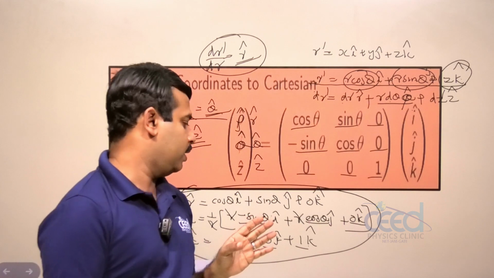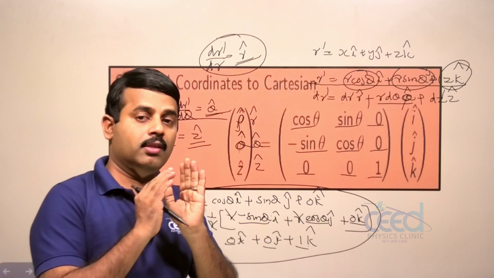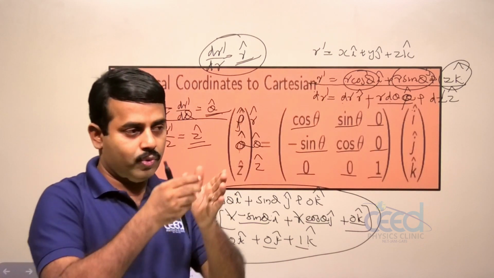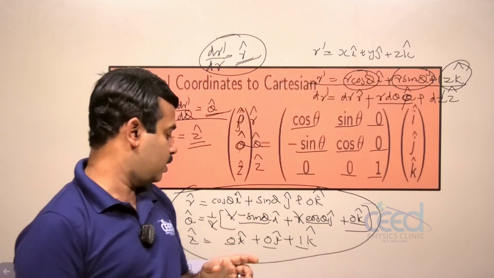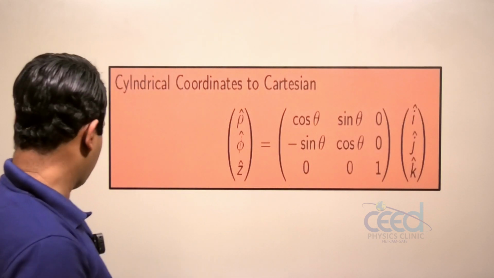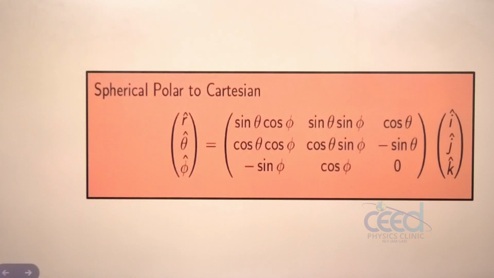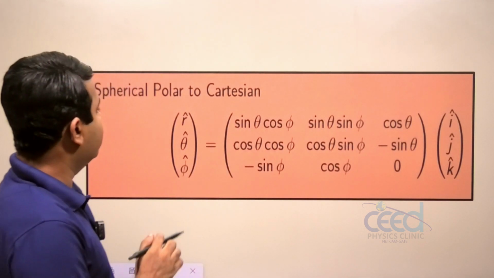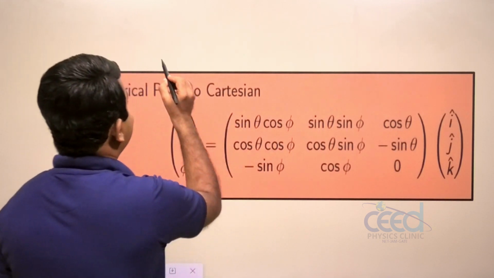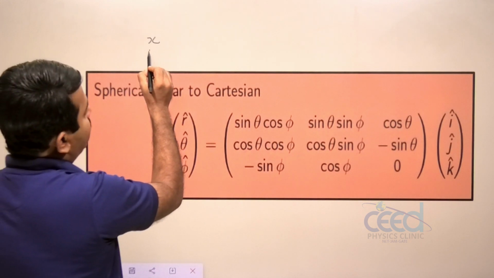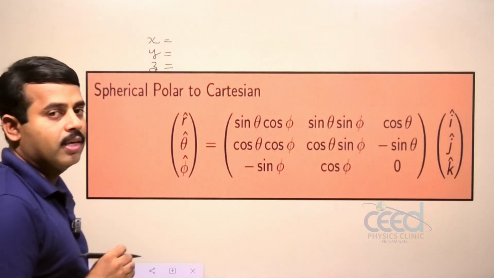Now finally we can represent spherical polar coordinates. How spherical polar coordinates are related to Cartesian coordinates, right? Look here, in spherical polar coordinates, how we represent x, y, z, we already studied in our spherical polar coordinate system classes.